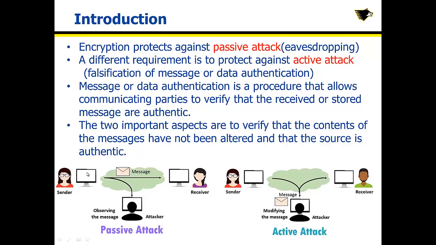We have sender and we have receiver. If the sender sends a message to the receiver, in the middle, some people just observe these messages, but he will not change the message. We call this a passive attack. But if the attacker did not just observe the message, they also modify the message, then send the modified message to the receiver. Then we call this attacker an active attacker.